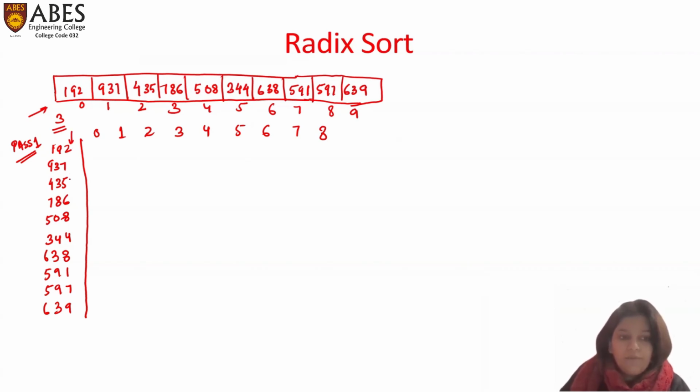Let me check if there is any number which has 0 at the ones digit. No, there is no number. Then we will look at the numbers which have 1 at the ones digit. Yes, we have 591. So we will write this 591 over here. Let me just create some rows so that it becomes easy for us to understand.